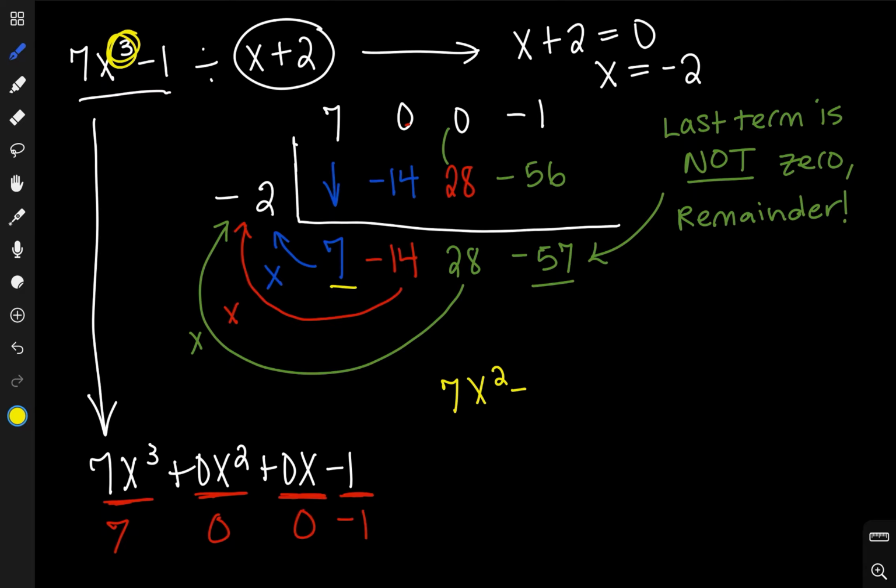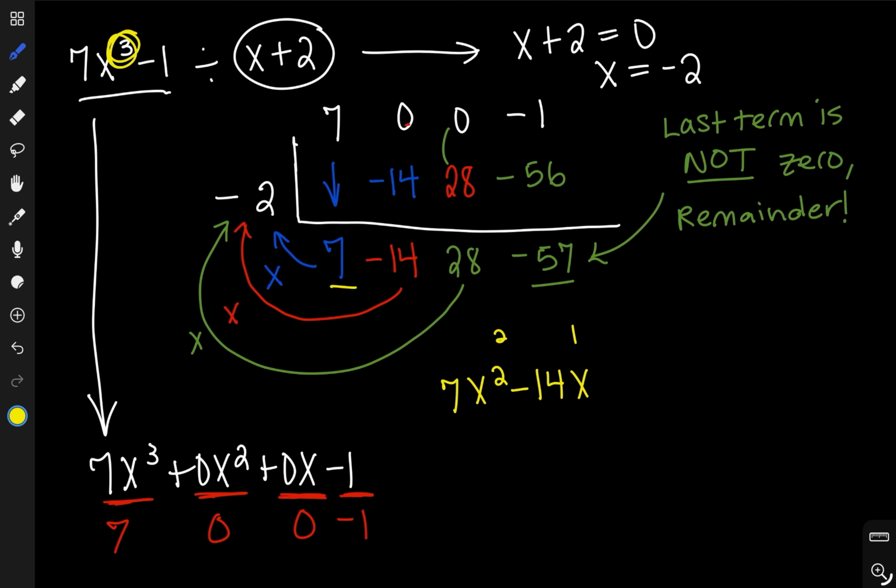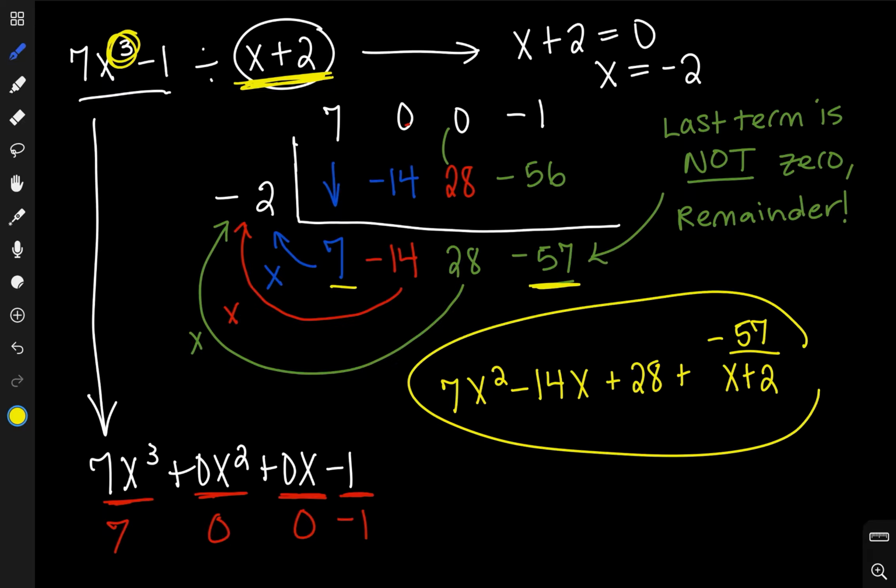And then we just keep going, minus 14x, and then just 28. That is our answer. And then we're going to take our remainder over here, negative 57, and we're going to put it over x plus 2. And that is your answer.